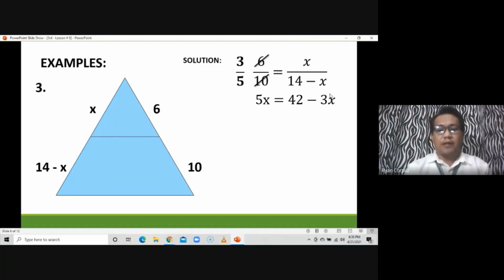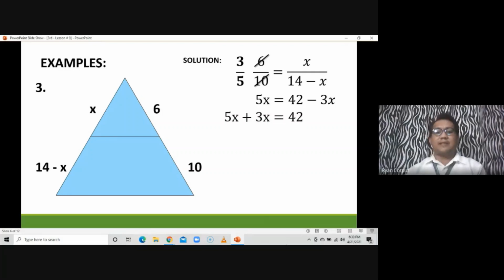Then, simplify that by combining similar terms. So, move natin yung minus 3x to the left side of the equation. Since it jumped the equal sign, magiging plus 3x ngayon yun. Magiging 5x plus 3x is equal to 42. Simplify that. 5x plus 3x is equal to 8x, which is equal to 42.